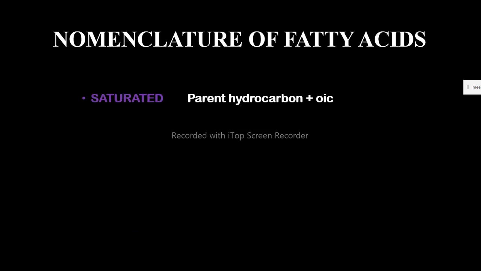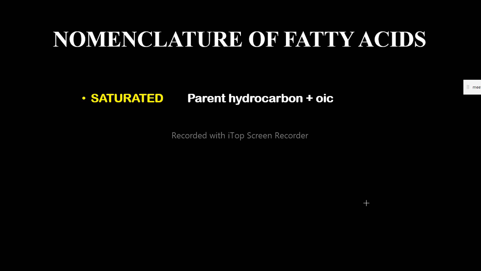So nomenclature of fats, let's talk about it briefly. Let's talk about nomenclature of these fatty acids. They are organic compounds. For saturated ones, you just get the parent hydrocarbon chain and then you add the word oic.